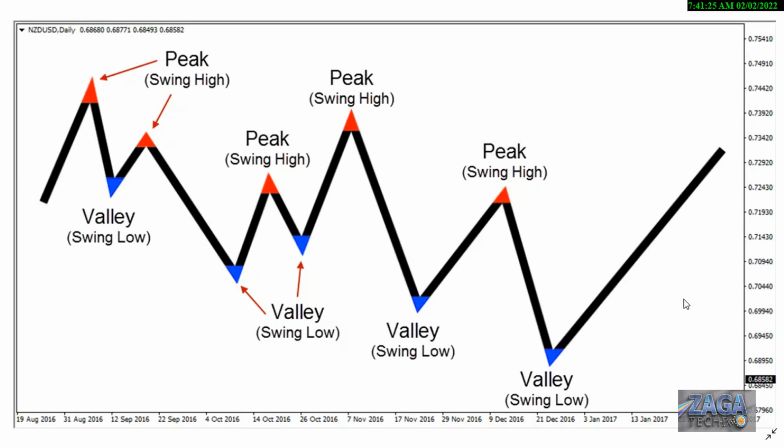What you are seeing now is a graphic representation of the market. A swing high is a substantial area of resistance, and a swing low is a good area of support. The market is moving up, gets rejected, and drops down.